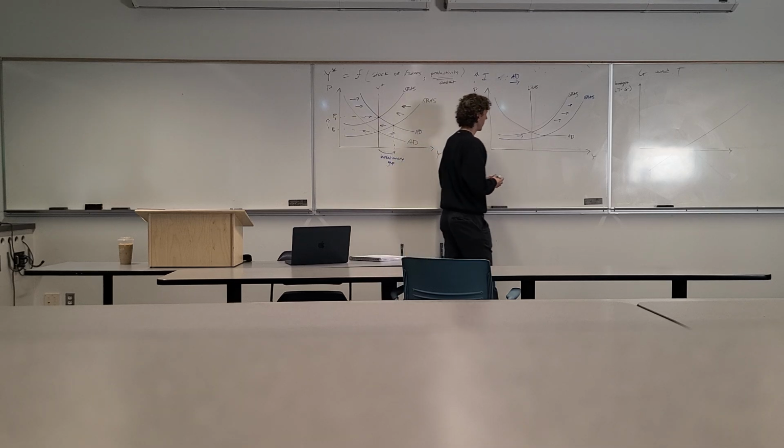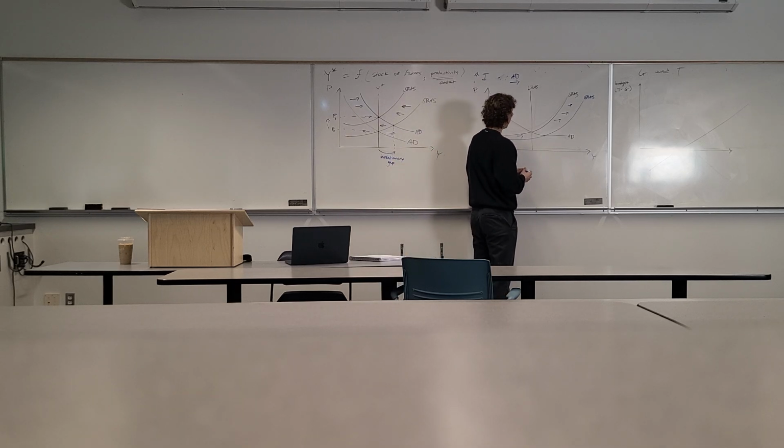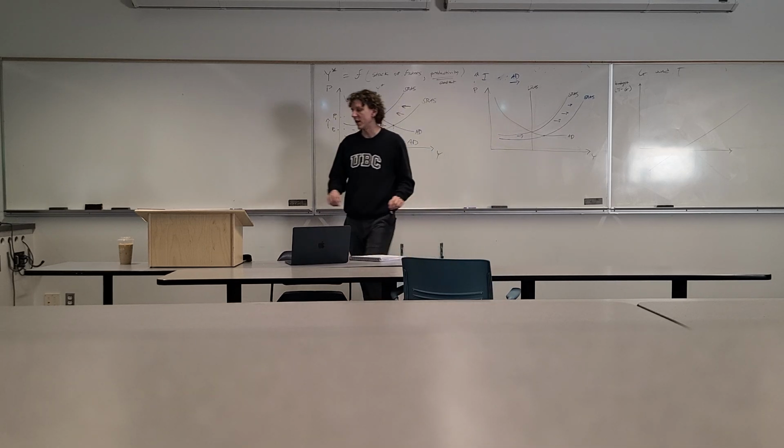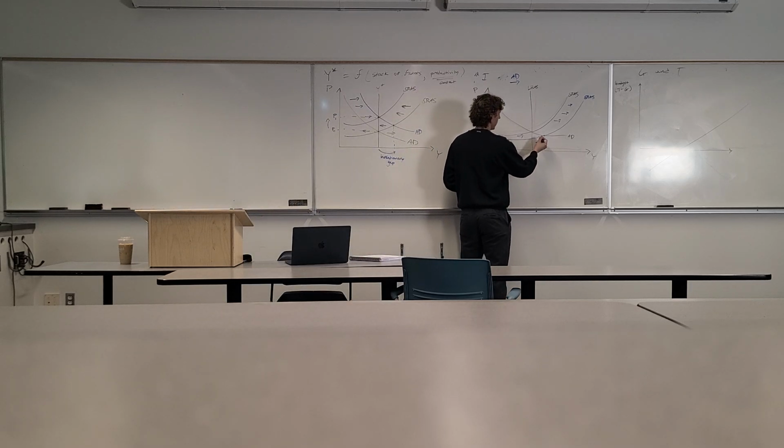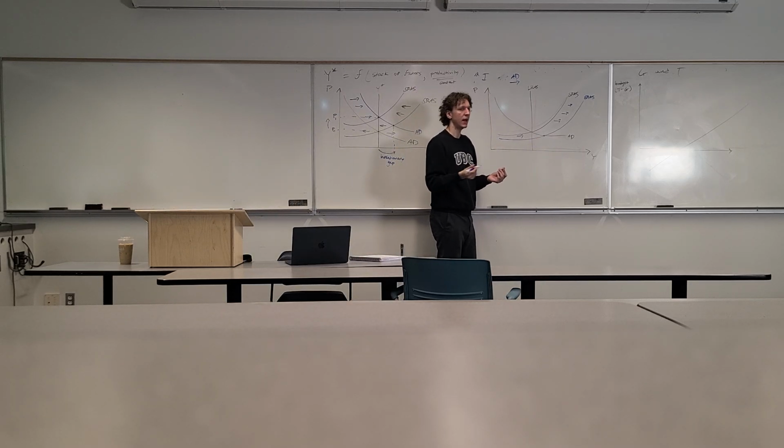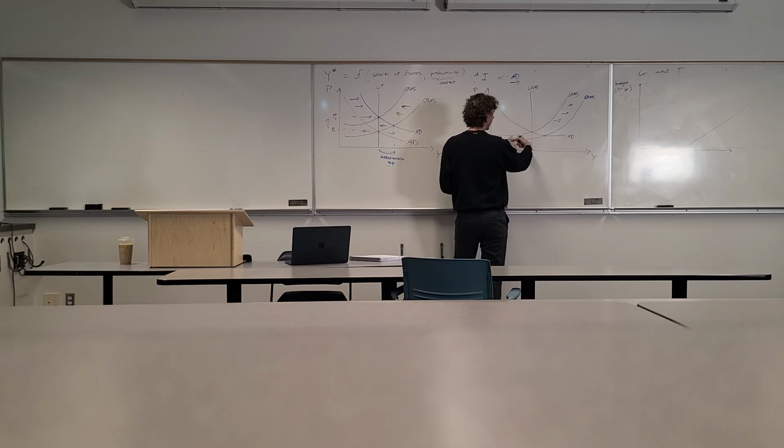So basically what the government could do, instead of letting the supply curve move back to normal, is decrease spending, right? And we could shift our aggregate demand curve to the left to get us down here.